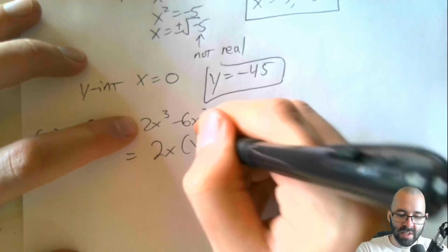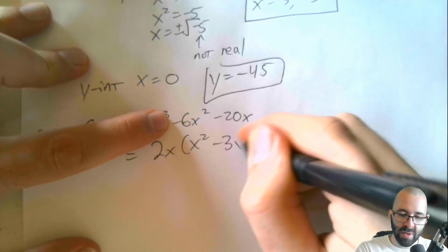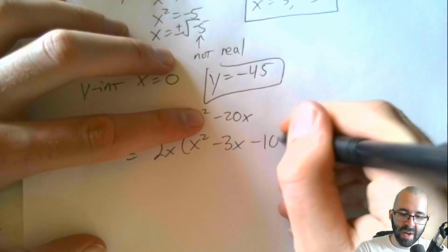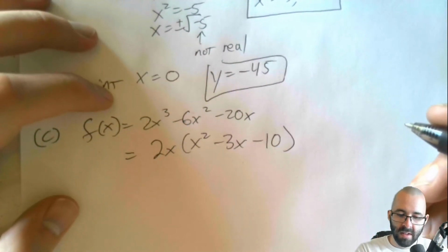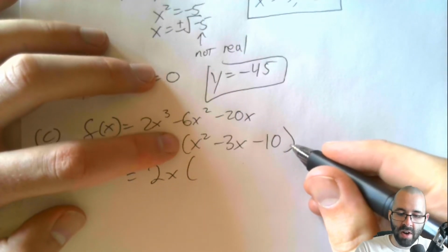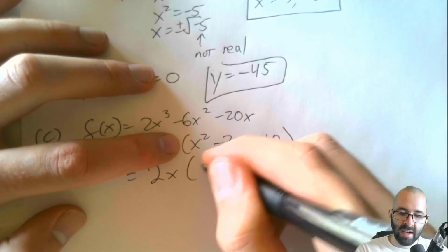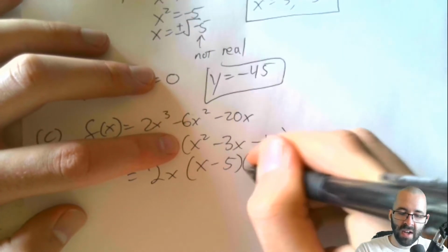Take out a 2x, we're only left with x squared here. Take out a 2x, we're left with a minus 3x. Take out a 2x, we're left with a minus 10. We can factor it again. The 2x stays there, but we can factor this trinomial. Multiply to negative 10, add to negative 3. We get minus 5 and a plus 2.